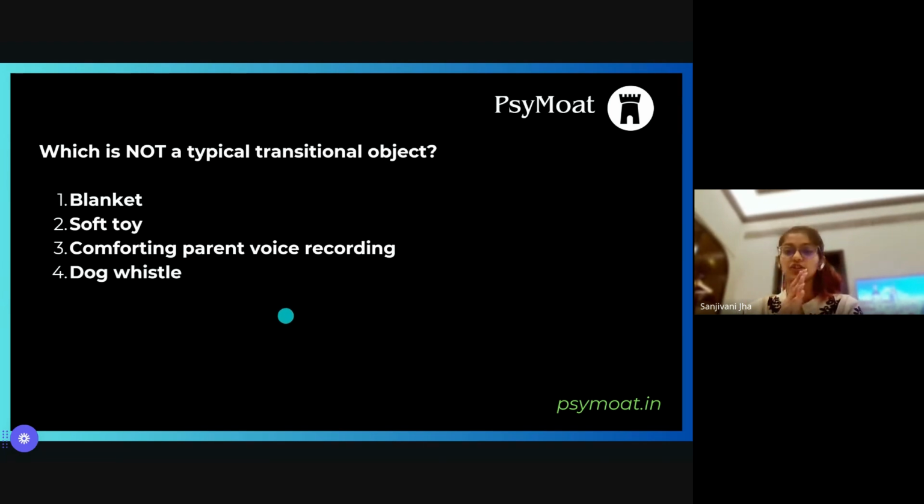Correct. So Klein. Blanket, soft toy, comforting parent voice. From all four options, which one appears the most different, where we cannot really talk about attachment to a caregiver?